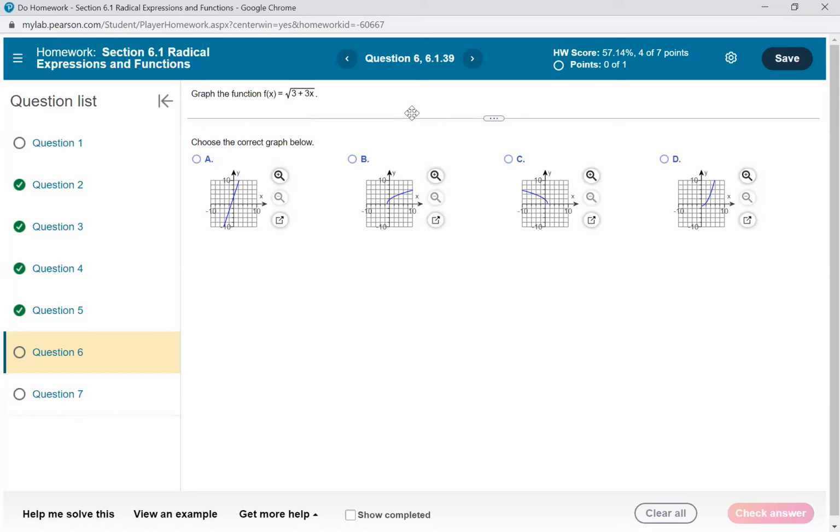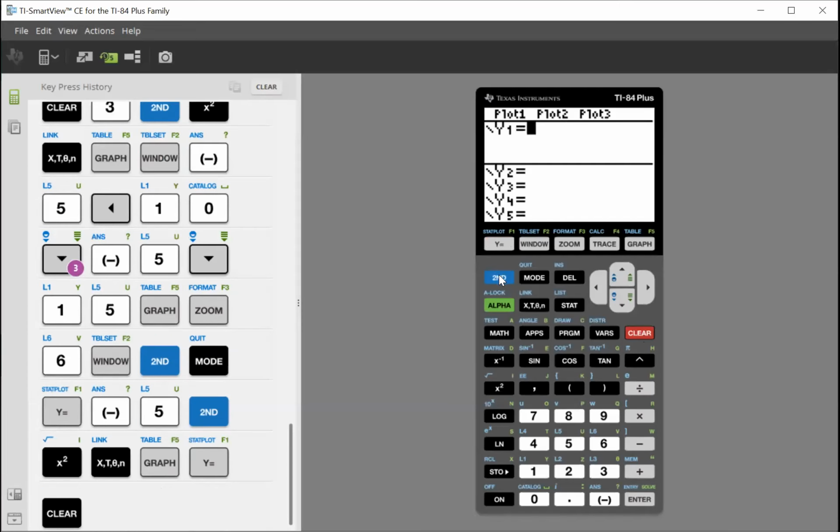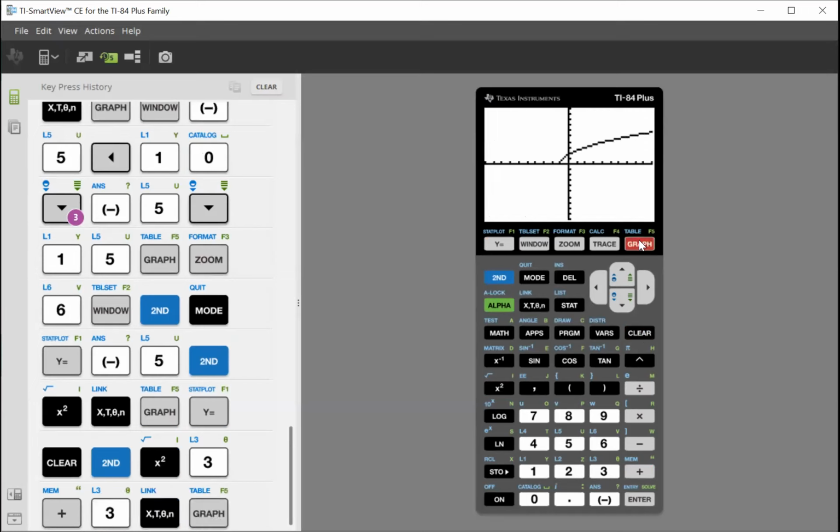All right, so watch this. I'm going to graph this one on the calculator. So I got square root of 3 plus 3x. So clear that. Now hit the square root first, and then I had 3 plus 3x. So we're going to hit graph.